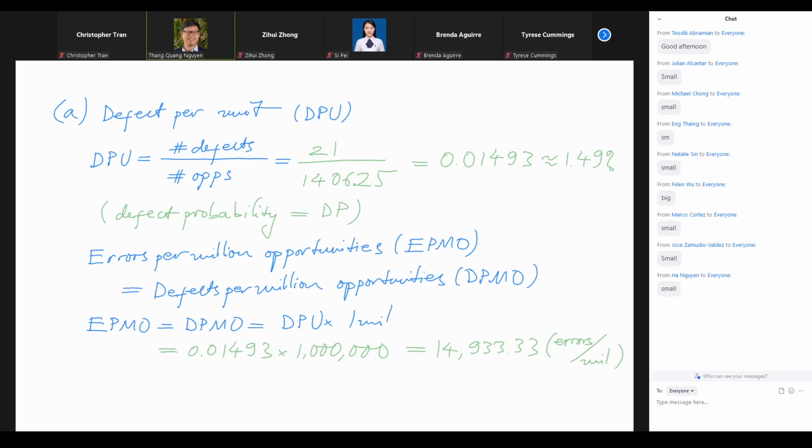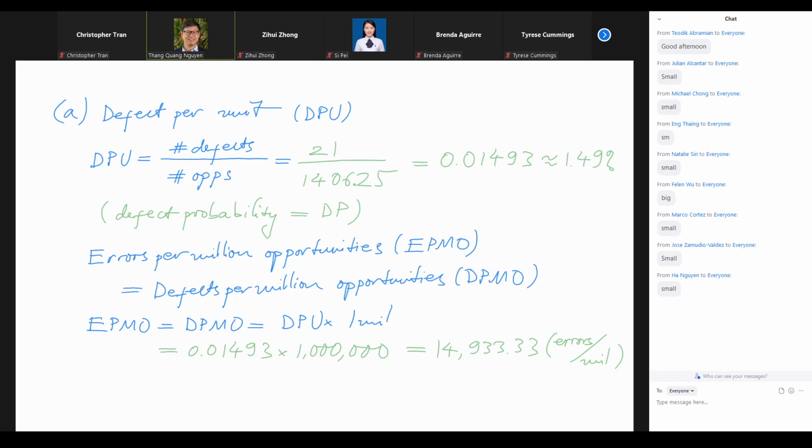So I asked you earlier whether 1.49% is big or small. Possibly the most appropriate way to answer that is it depends on the situation. But generally, if we think about 1.49%, it's going to be a big number already in the manufacturing context, in the fulfillment context, like the Amazon.com process, right?